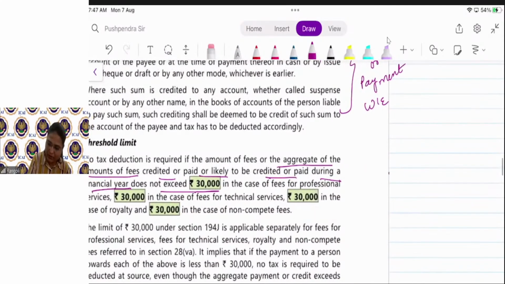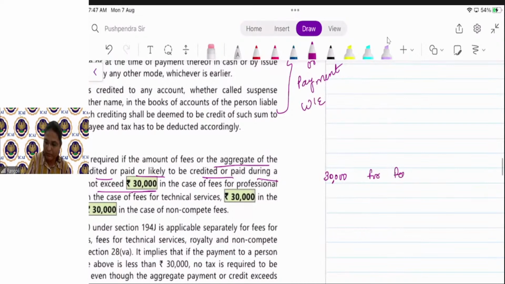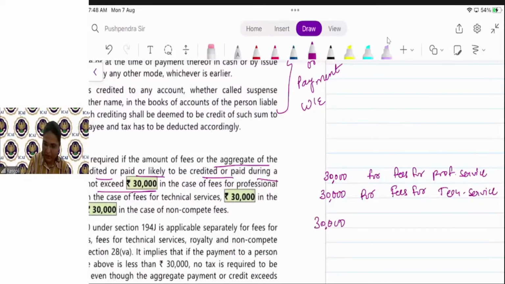That is, 30,000 limit is for fees for professional service, 30,000 for fees for technical service, 30,000 for fees for royalty, and 30,000 for non-compete fees.